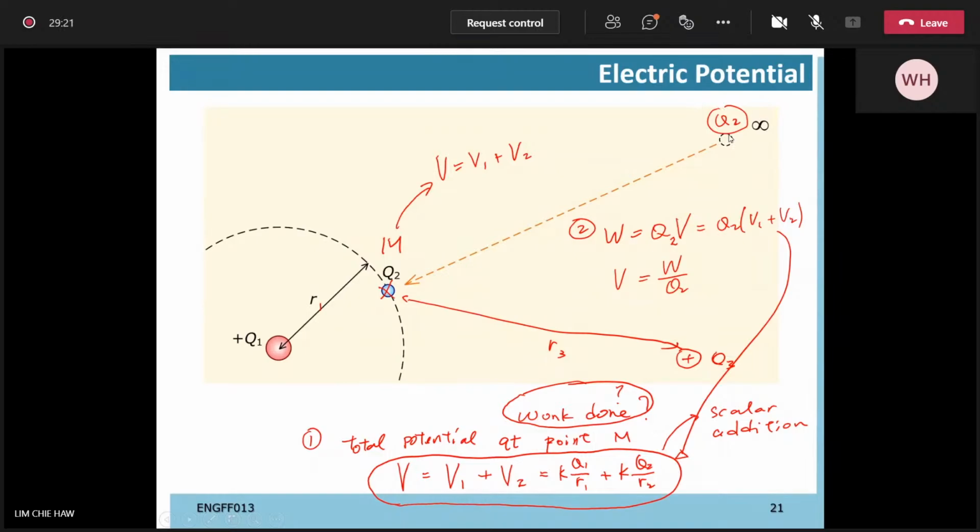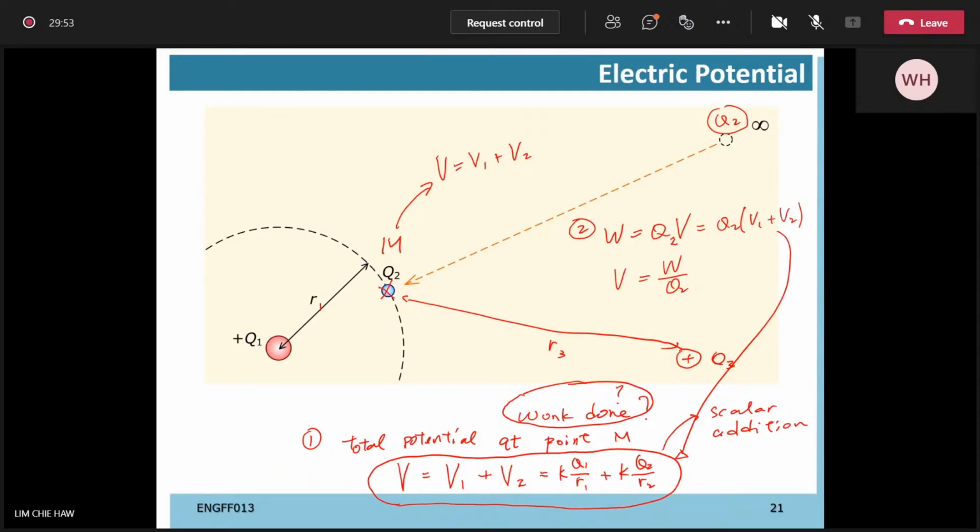Q2 is the one to experience the field. So if I bring Q2 near to both of them, what kind of energy do you need to supply to Q2? It will be given by W equals Q2 times V, and of course, the V here is the total potential given by Q1 and Q3. Okay, understand the idea or not? Clear? Everyone clear on this point?